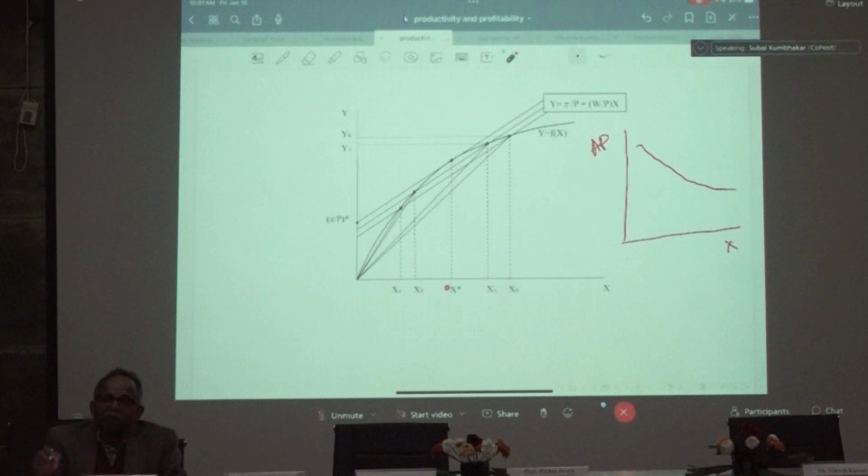Now if you think in terms of the implication of this, if somebody has this much of resources and his or her objective is to maximize profit, then we say that the person is resource constrained, because his or her profit can be increased by having more X. Now, why the person is not using more X is a different story. You can think in terms of credit market imperfection. You go to a bank and ask for a loan, and the bank is not giving you the money.